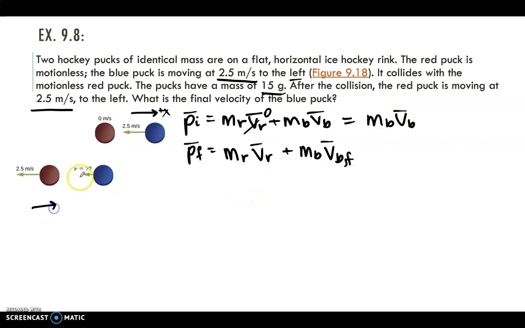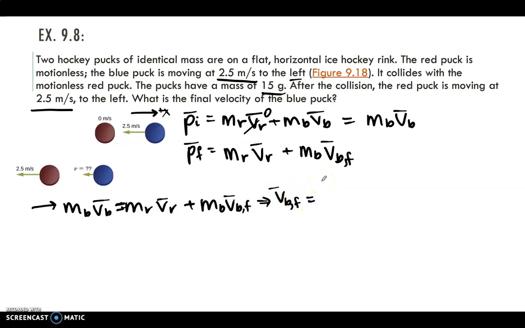So we'll get MBVB equal to MRVR plus MBVB comma F. Okay, and if we want to solve that for our velocity, comma F, we'll have MBVB minus MRVR, and this is initial, so we'll just need to note that, and this is final.